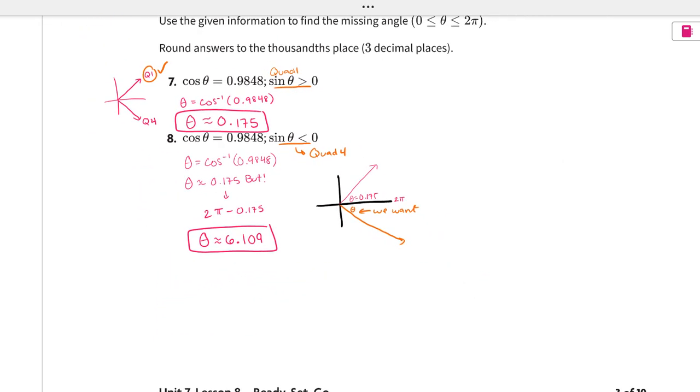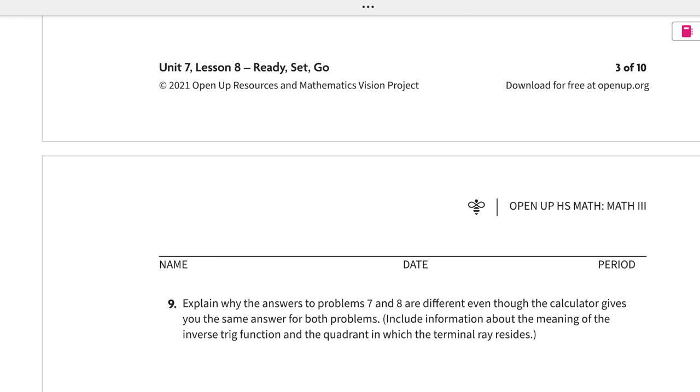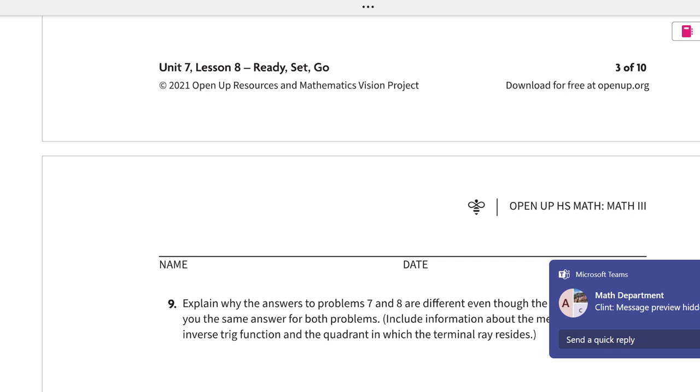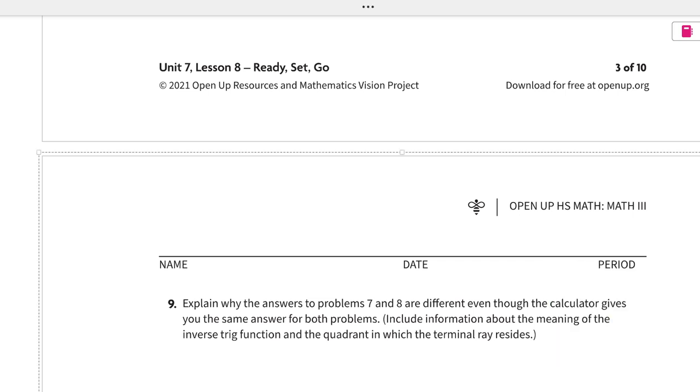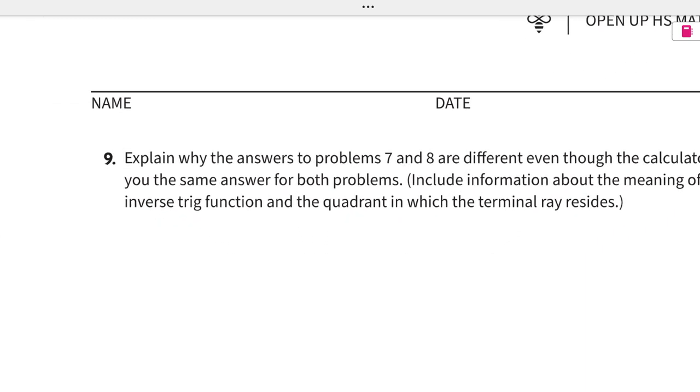Now question 9. Question 9 says, explain why the answers to problem 7 and 8 are different, even though the calculator gives you the same answers for both problems. It says, include information about the meaning of the inverse trig function and the quadrant in which the terminal ray resides. So let's talk about cosine.